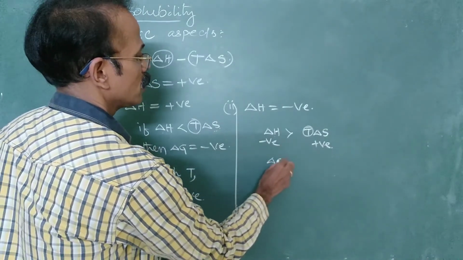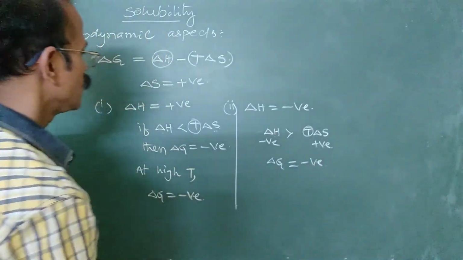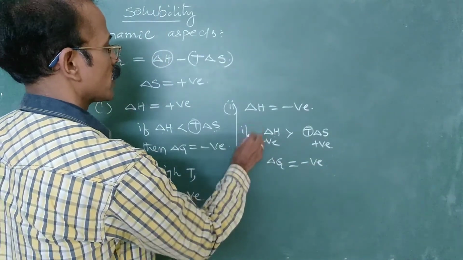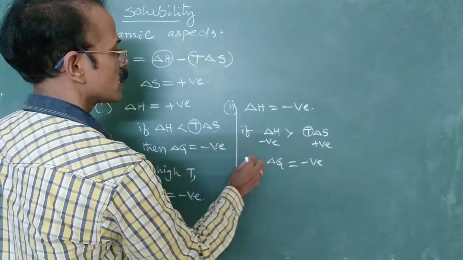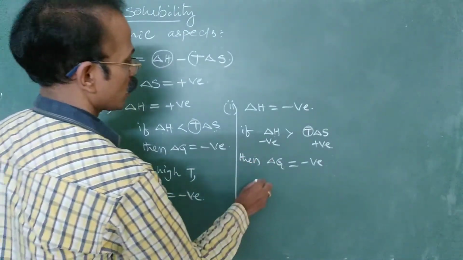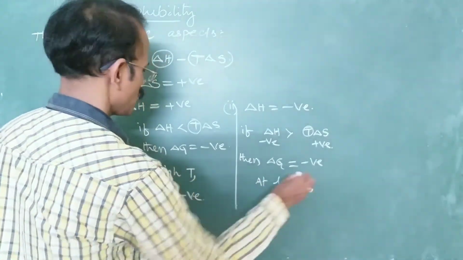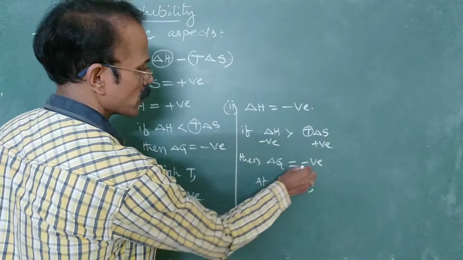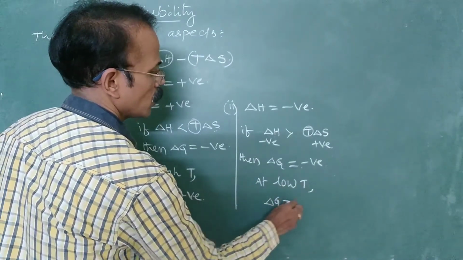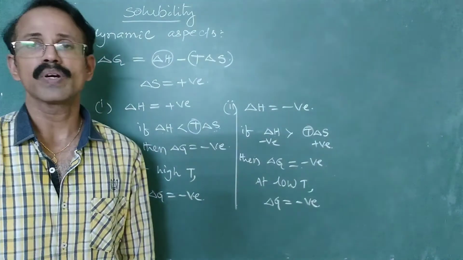So at low temperature, what happens? Delta G becomes negative. If the magnitude of delta H is greater than T delta S, then delta G becomes negative, or at a low temperature, delta G becomes negative, or the reaction is favored, right?